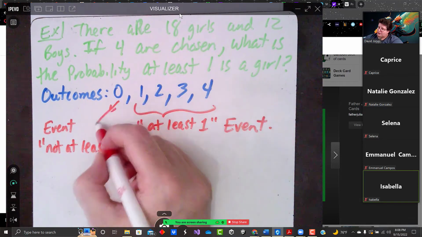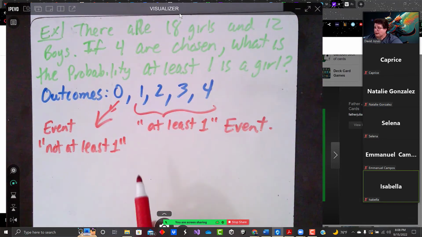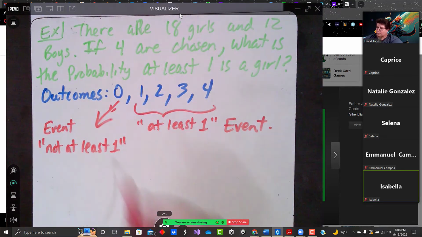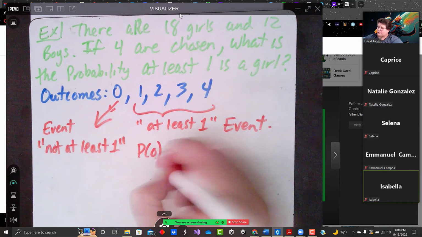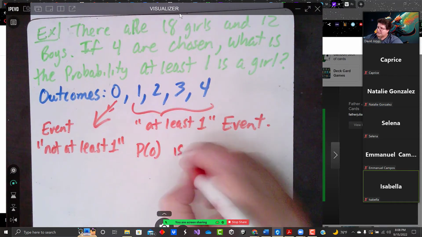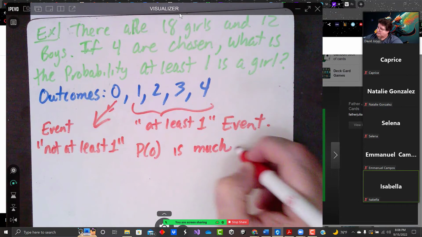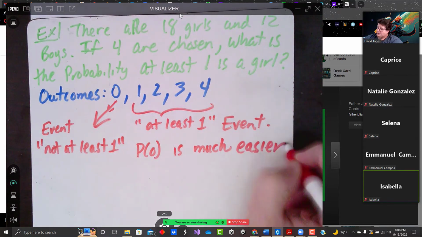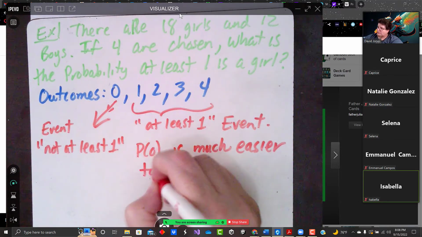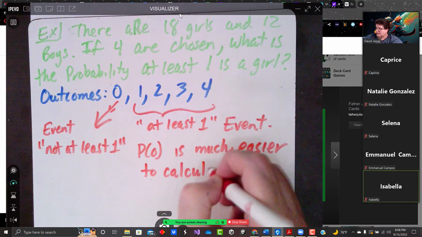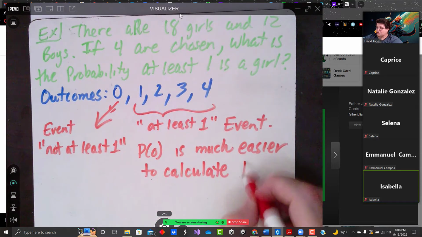So I could put the 0 in this category. And I can tell you the probability of finding 0 is much easier to calculate than 1, 2, 3, or 4.